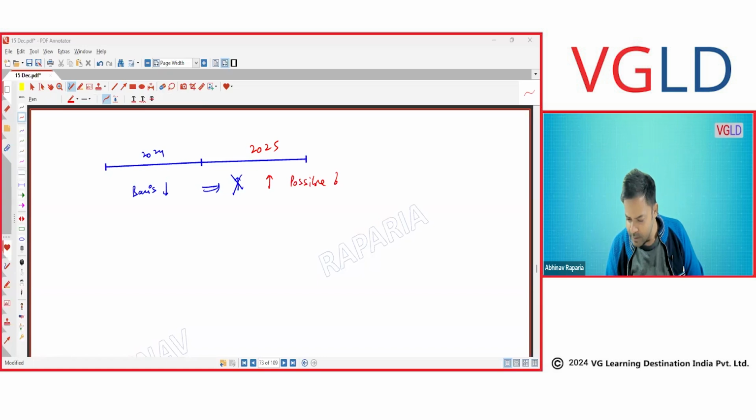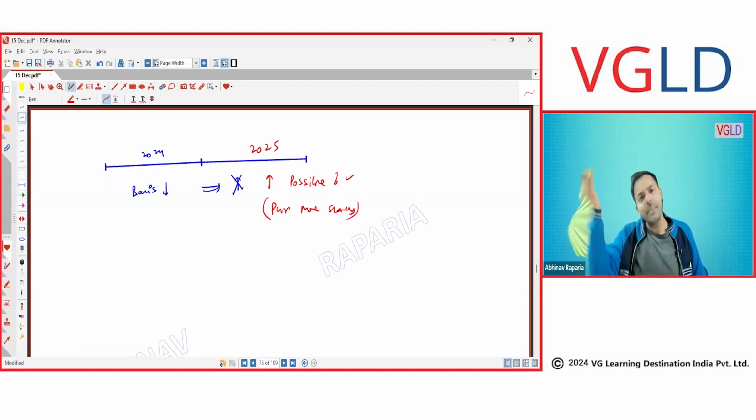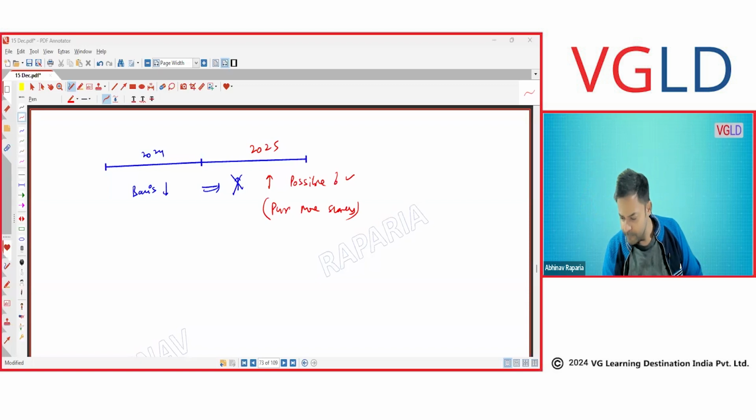Is there any way you can increase the basis? Yes, possible. Why not? You purchase more shares. If I purchase more shares, automatically my basis will increase. Point clear or not? What I'm saying, guys? Everyone clear? Dina clear? Ruchi clear?